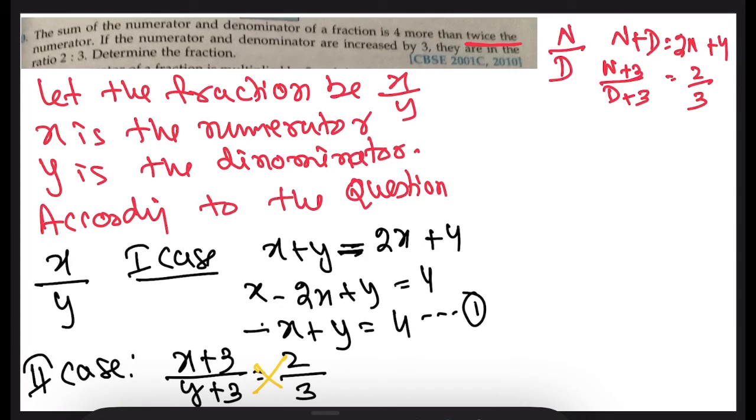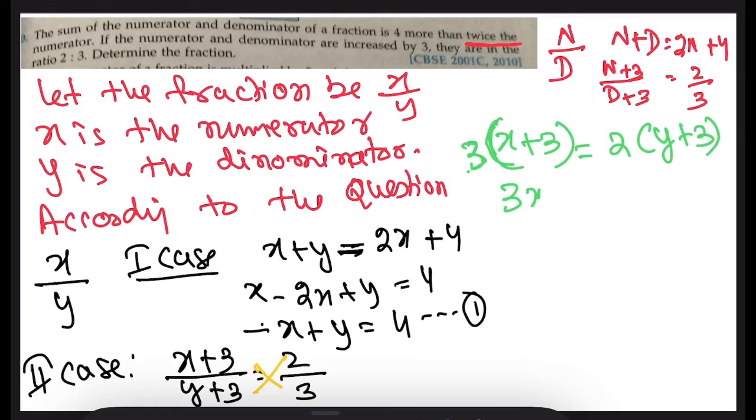So, here it will become (x plus 3) into 3 equals 2 into (y plus 3). Now, let us multiply. 3 into x is 3x, plus into plus is plus, 3 3s are 9. Then 2 into y is 2y, plus into plus is plus, 2 3s are 6.